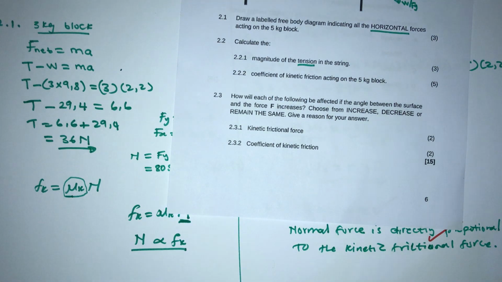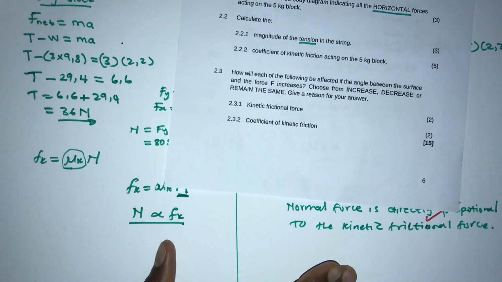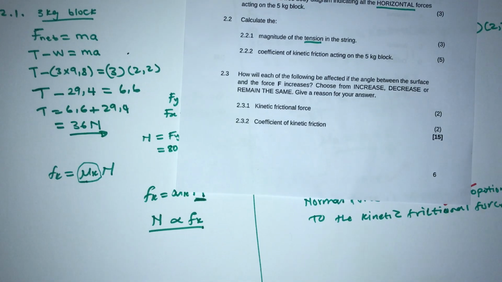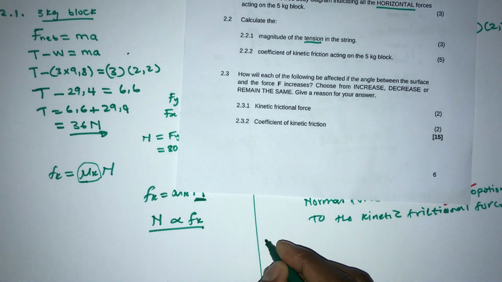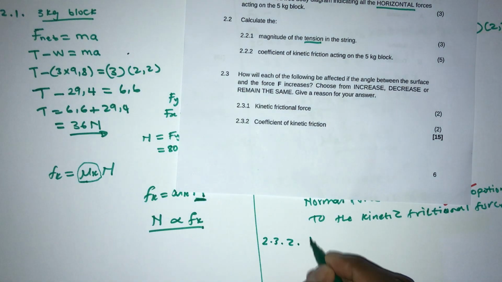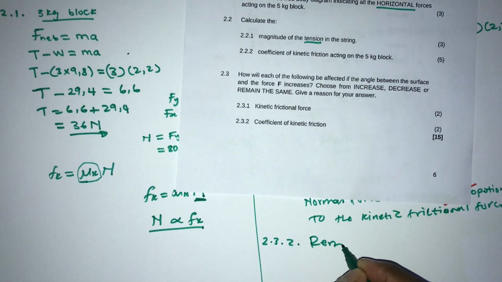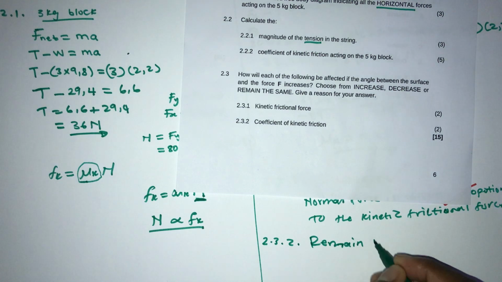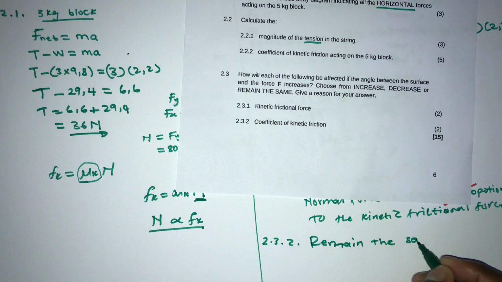So it means that the angle has no effect on the coefficient of kinetic friction. Since the angle has no effect on the coefficient of kinetic friction, it means that 2.3.2, this one, it will remain the same because the angle has no effect on the coefficient of kinetic friction.